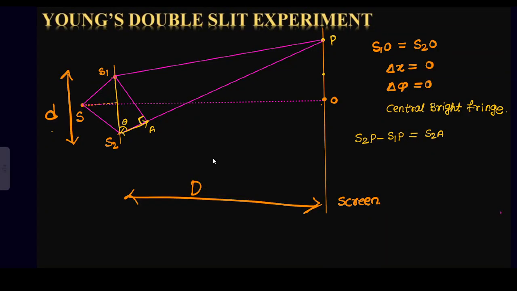Now you can see this triangle, this is S1 and this is S2, this is A, and this angle is theta. Now from the triangle we need to get this distance S1 to S2. How much is this distance? D, na?